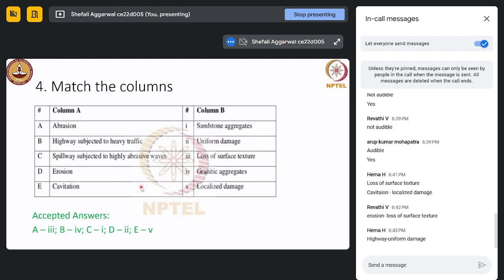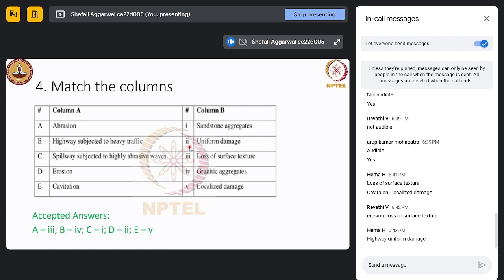And next is the spillway subjected to highly abrasive wave. If there is a spillway and we have highly abrasive wave, it is said that the reason of loss might be the use of the wrong type of aggregates, mainly sandstone aggregates. Next is the erosion. So erosion normally causes uniform damage.